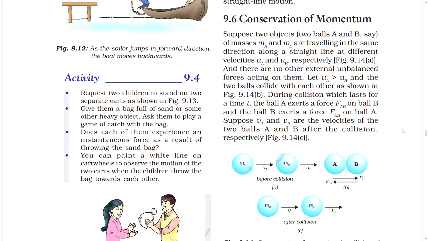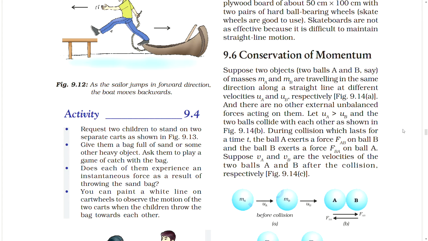9.6 Conservation of momentum. Suppose two objects, two balls A and B, say, of masses mA and mB, are traveling in the same direction along a straight line at different velocities uA and uB respectively, figure A, and there are no other external unbalanced forces acting on them.